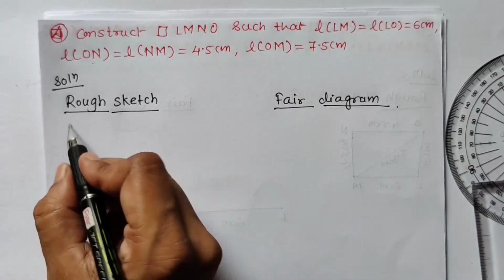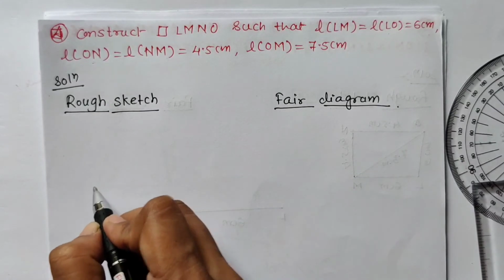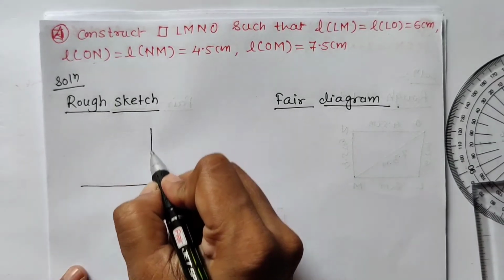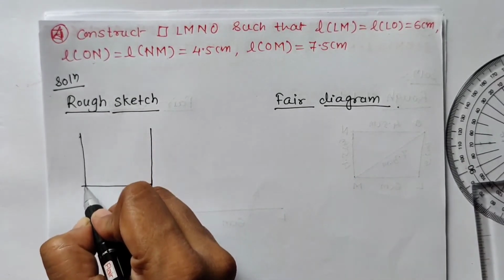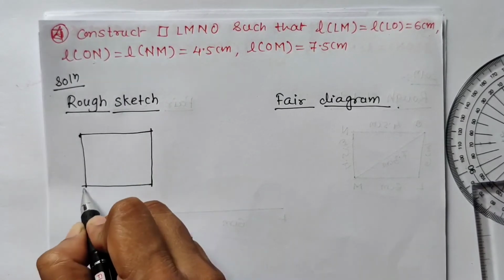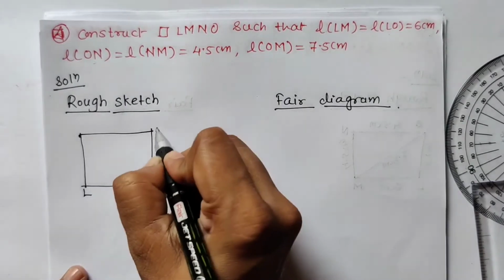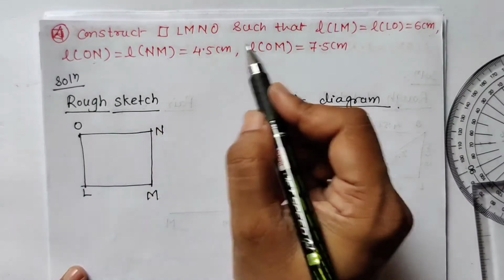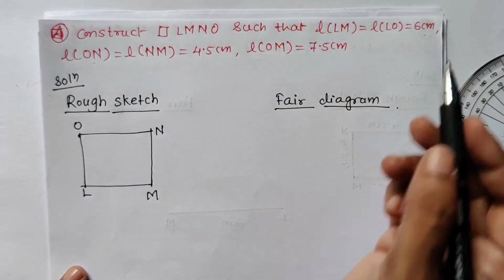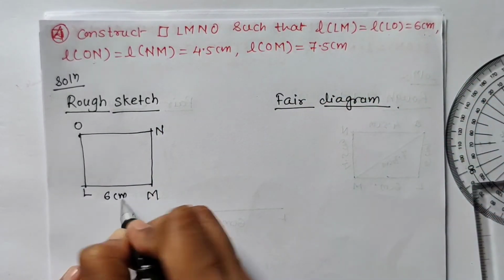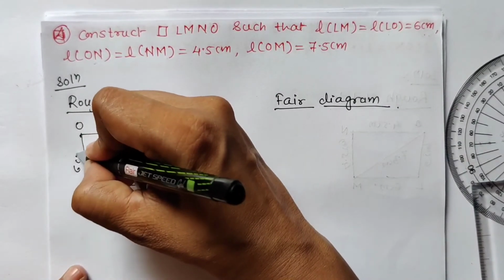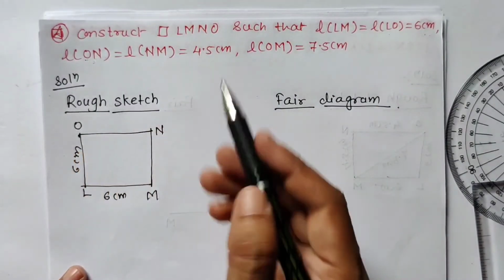So let us start by drawing our rough sketch. LMNO, I am going to draw any quadrilateral we can draw. L, M, N, O. LM and LO are 6. So LM is also 6. LO is also 6. ON and NM.